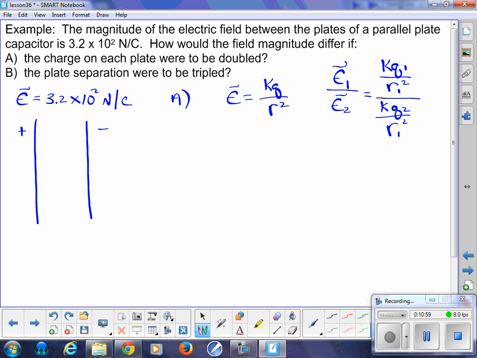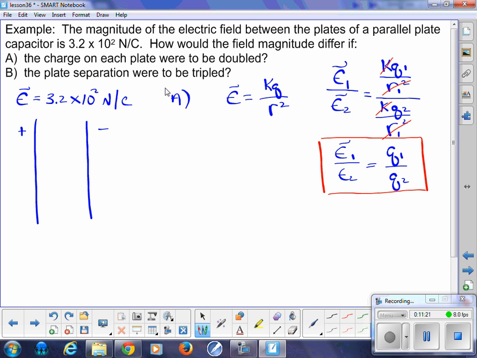The distance between the plates doesn't change, so our K's will cancel and the R's cancel because they're equal terms. So we find that E1 over E2 is equal to Q1 over Q2. So a direct relationship. Something you want to add to your cheat sheet.